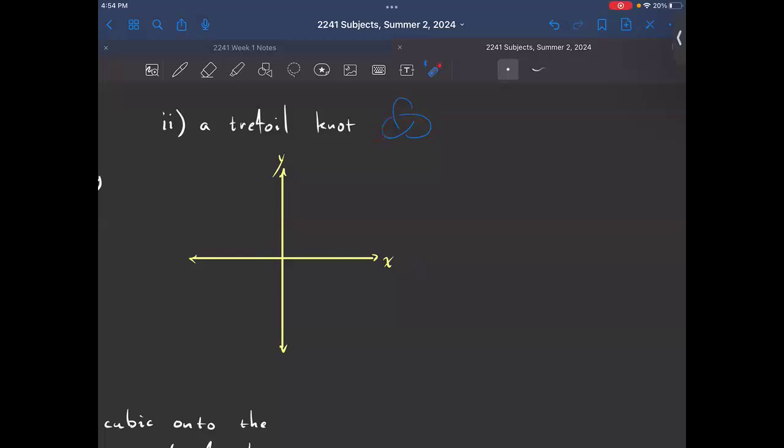What angle should that be? Okay, so if I draw a quick mock-up of what I want my trefoil projection to look like, I want it to do this, and then is that quite right? I want it a little further actually. More like this, and then I want it to come back out.